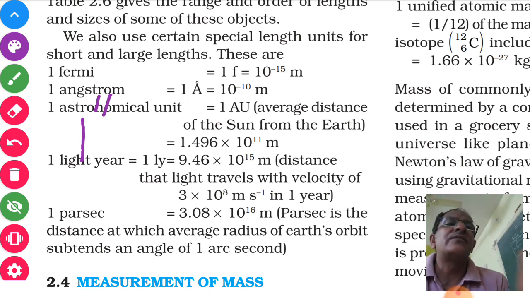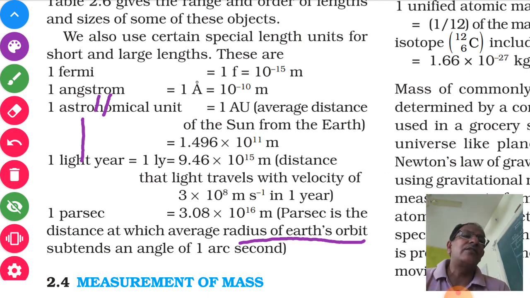The distance should subtend, now what is the distance? The distance that you have to understand is the radius of the Earth's orbit. Now, what is the distance of the radius of the orbit?